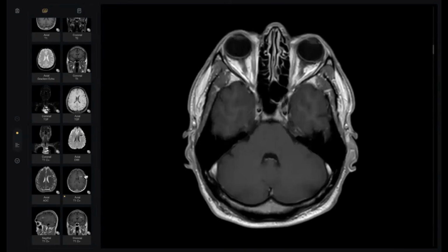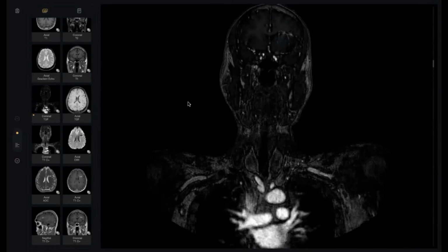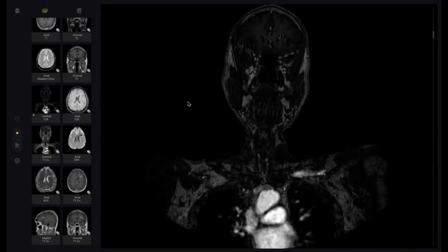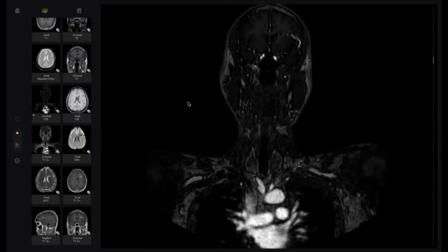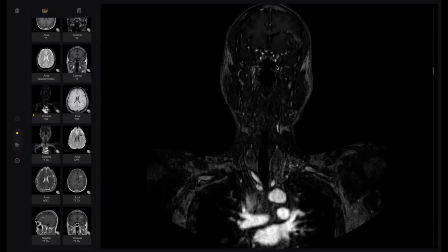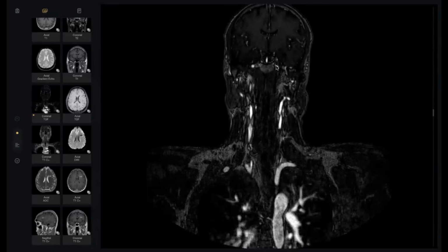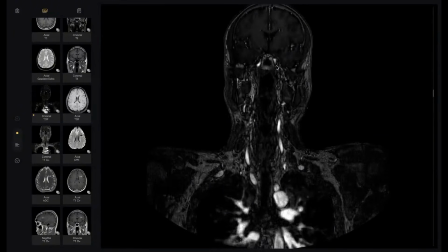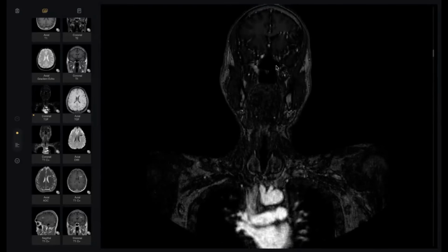If you follow this one on the MRA of the neck, it almost goes to the left cavernous sinus. Look, it drains in the cavernous sinus. Anyway, at least try to mention as many buzzwords and as many details about your pathology as possible.